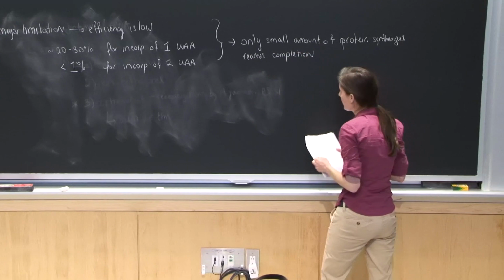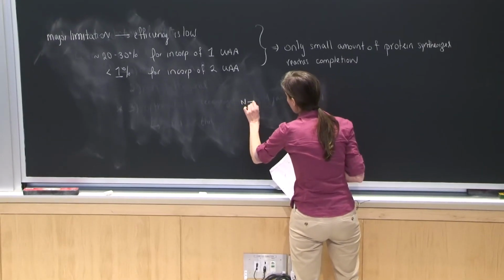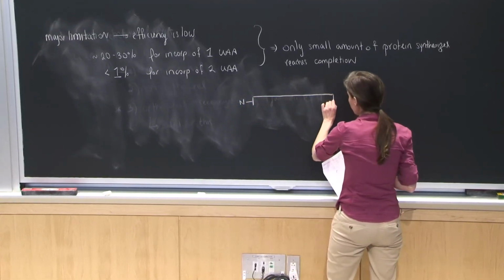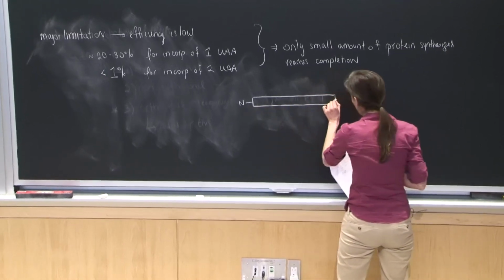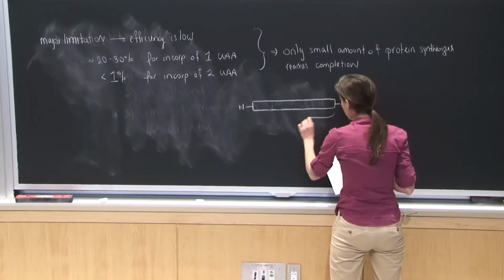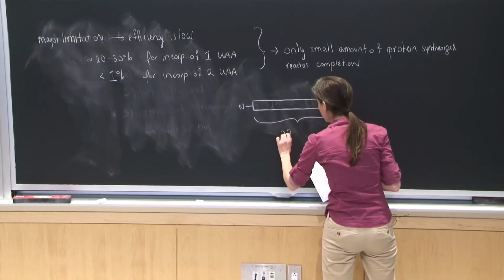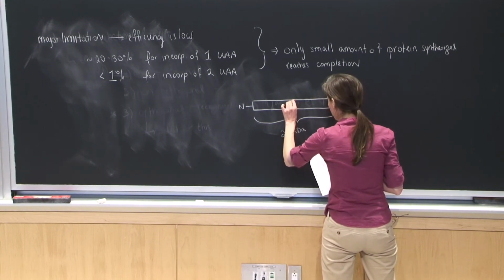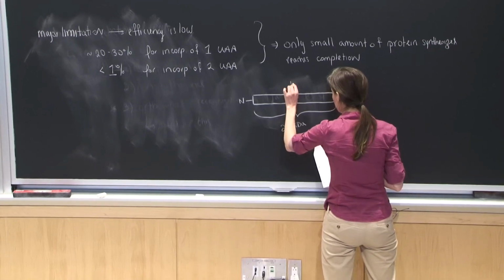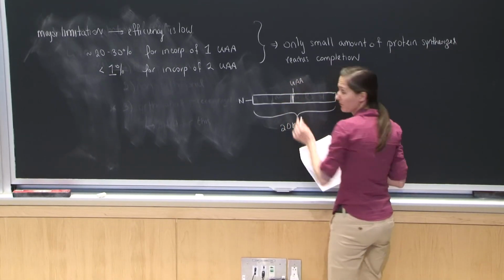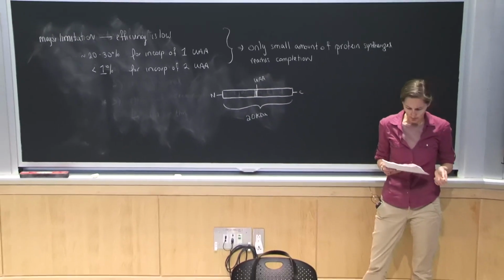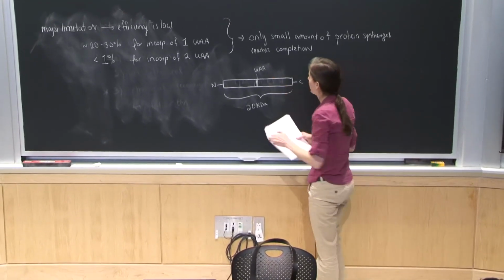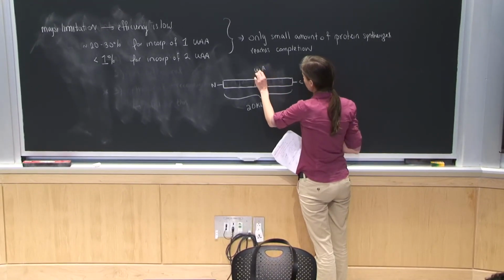Okay, and so how can we think about this? Imagine here, I'm just going to draw some polypeptide chain going from N to C terminus. Okay, let's imagine this is 20 kilodaltons in size, and maybe this unnatural amino acid is being placed right in the middle. Okay? So we want to put an unnatural amino acid here.